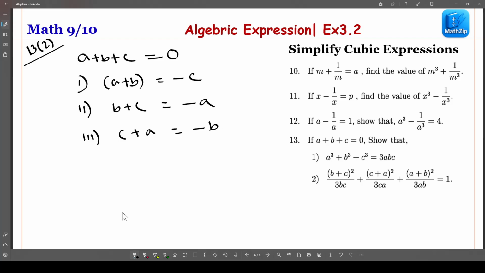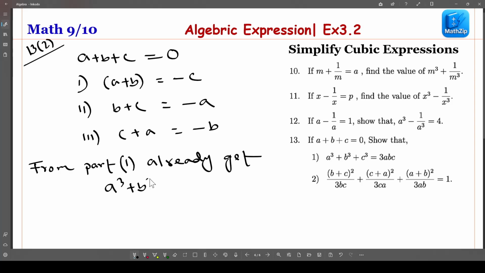Okay, and from part 1 we already got a cube plus b cube plus c cube equals 3abc. This one we already got.